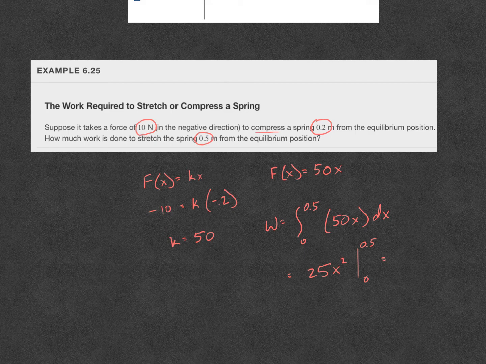And then when we substitute in our bound, we get 6.25. And the units for this, if you don't get the units, I'm not as concerned about the units as I am about the calculus, but we have 6.25 joules of energy. That's the work done to stretch this spring half a meter from its equilibrium.